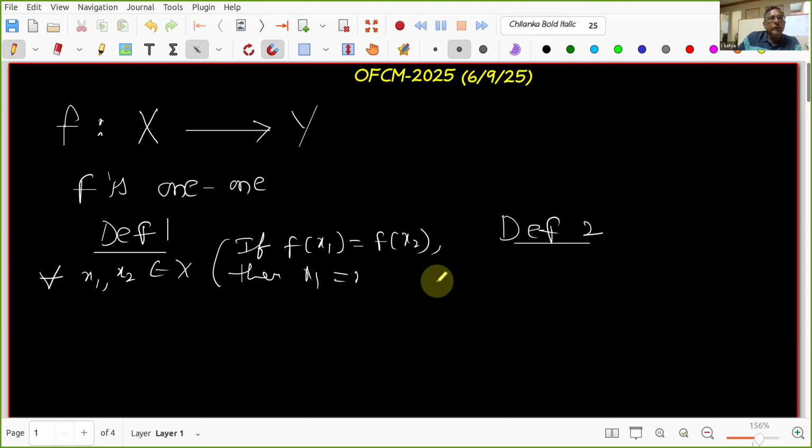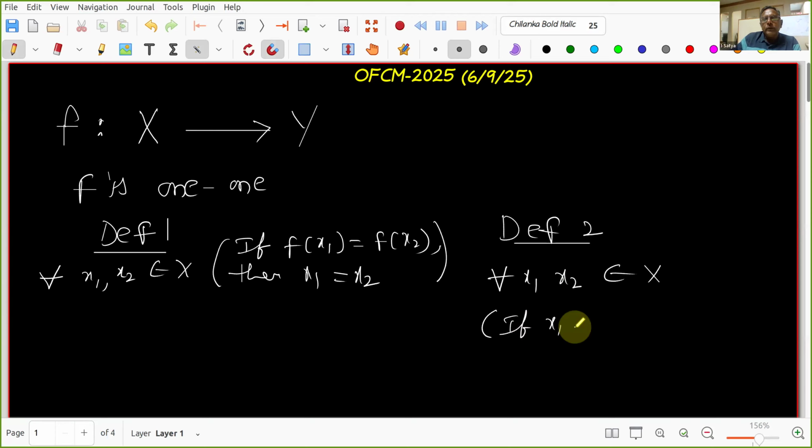This is one definition. What is the other definition? Given any x1, x2 in X, if x1 not equal to x2, then f of x1 not equal to f of x2.